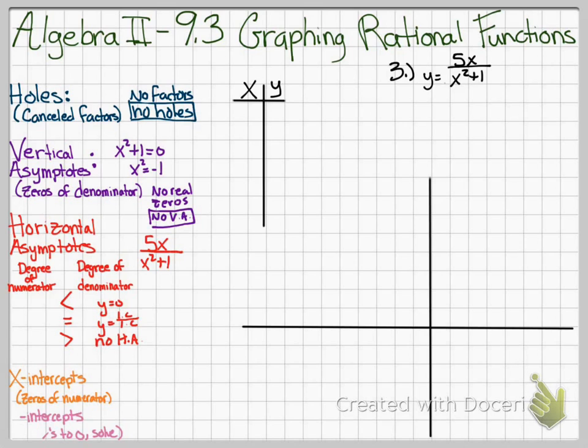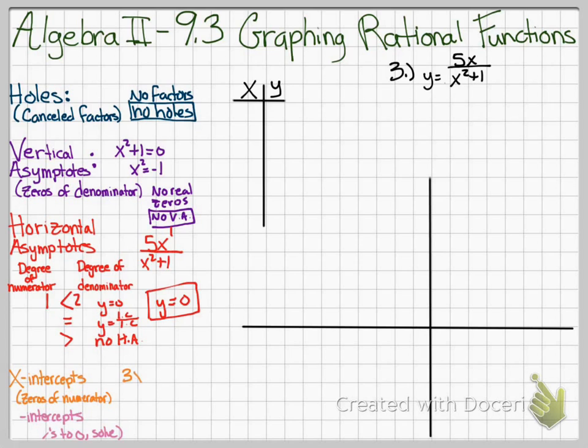That means the degree of the numerator is 1 because x is the first power, and the degree of the denominator is 2. So again, that gives us y equals 0 for our horizontal, which is kind of nice.